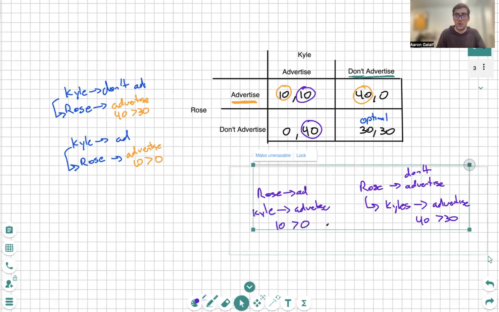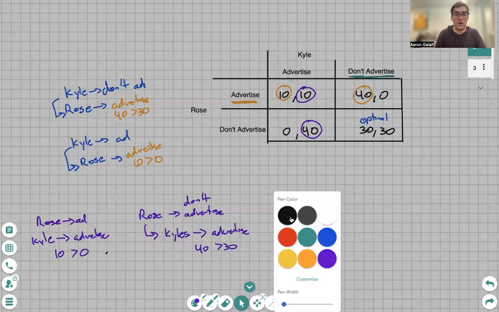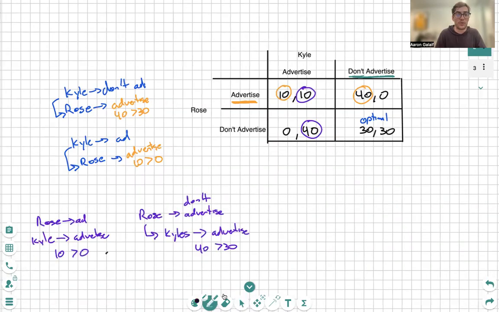So now we have found our Nash equilibrium. The equilibrium where we both decide that we are going to advertise, and thus we will end in this situation here, which is not our optimal.